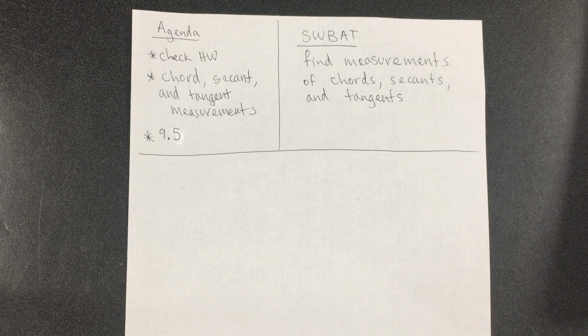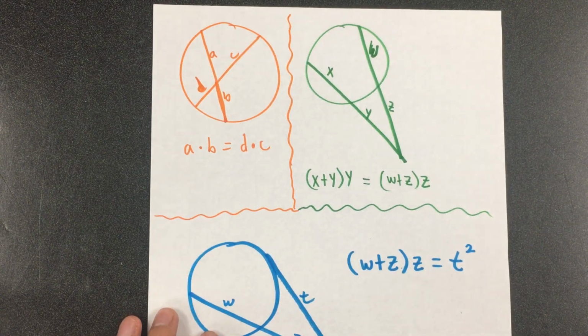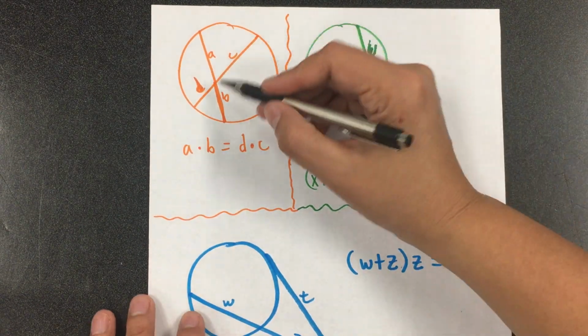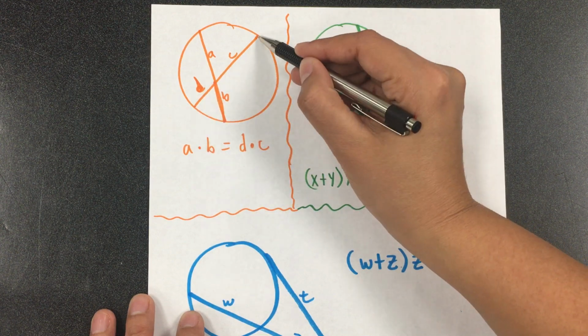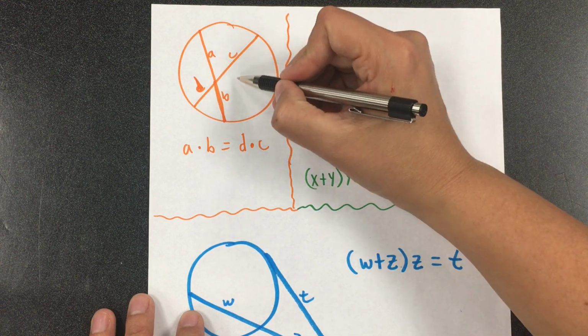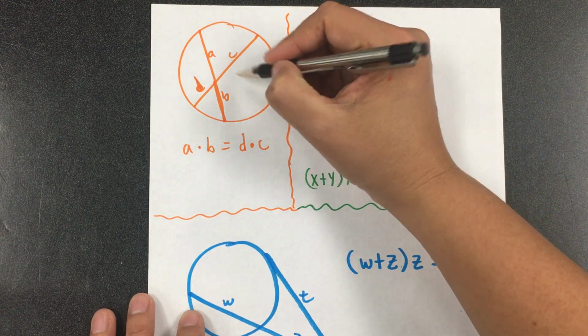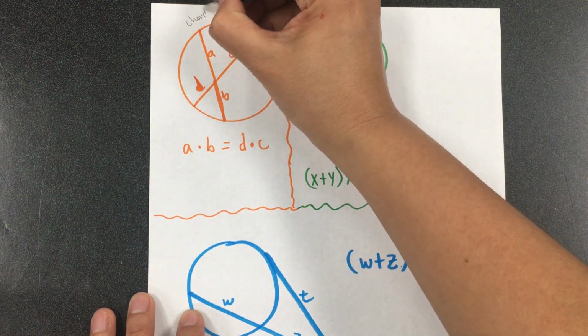Before we can start, let me give you some information. So just to recall from previous lessons, when a line goes from one side to the other of a circle but does not cross on the center, that's called a chord, okay?